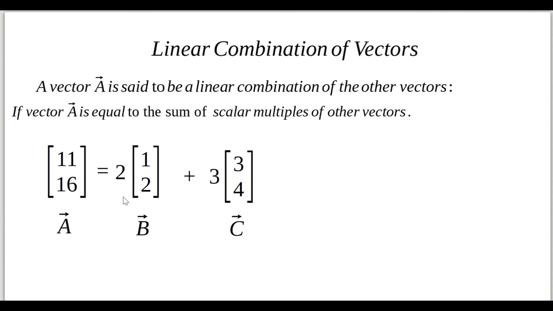This is a scalar multiple, and this is a scalar multiple, because we have a scalar 2 here multiplying a vector B, and then a scalar 3 here multiplying a vector C. And this is the vector A, which is the combination of these two scalar multiples. So this is a linear combination of these two scalar multiples.